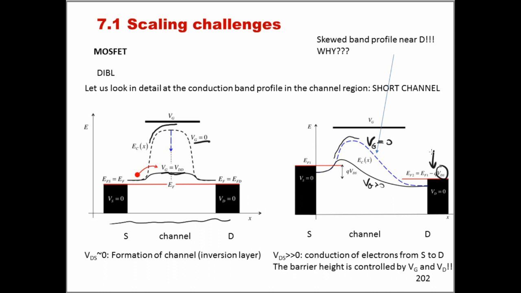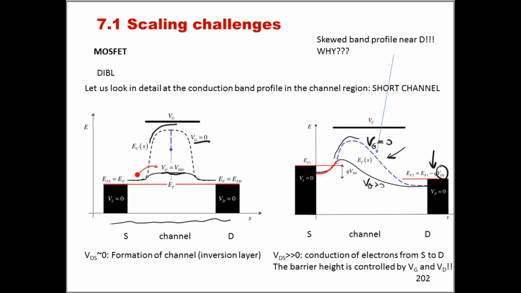So this means that now VDS is having an effect into the channel. So in a short channel device, the drain-induced barrier lowering arises from the fact that the VDS has now an effect into the channel.